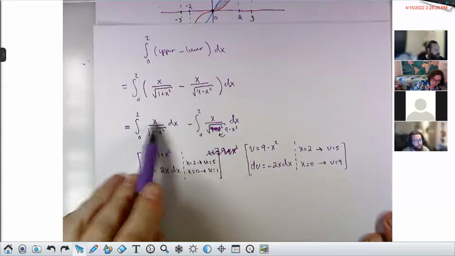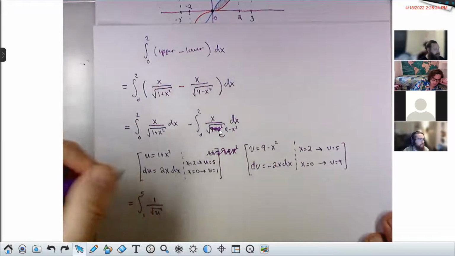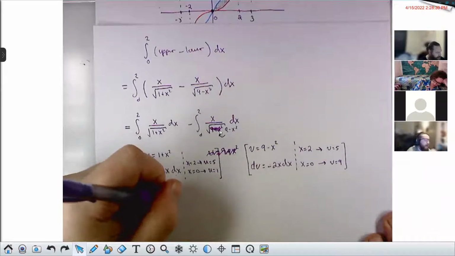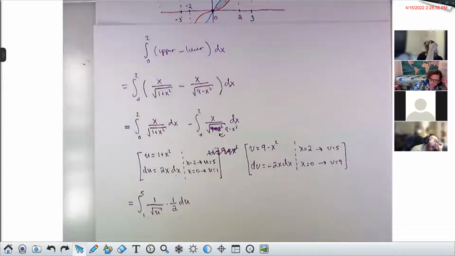I think of this x as belonging to the dx here, so I'll just have a 1 upstairs. And then x dx is 1/2 of du. So take a second to make sure you see where the 1/2 is coming from and where the x went.